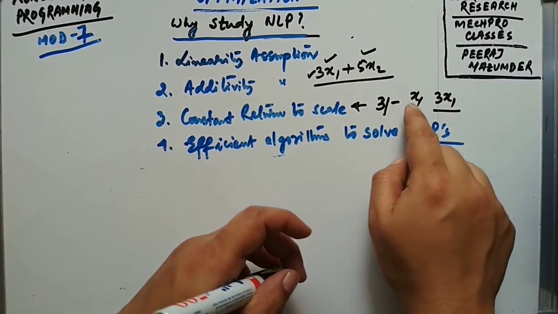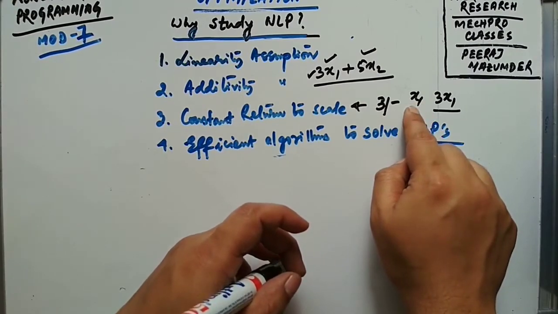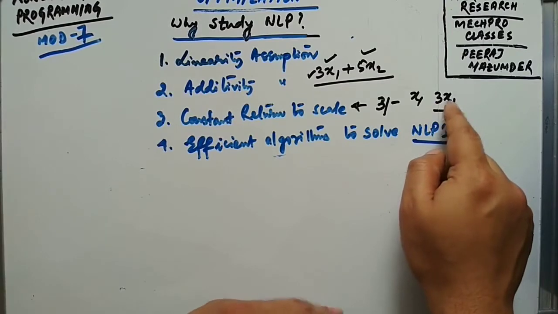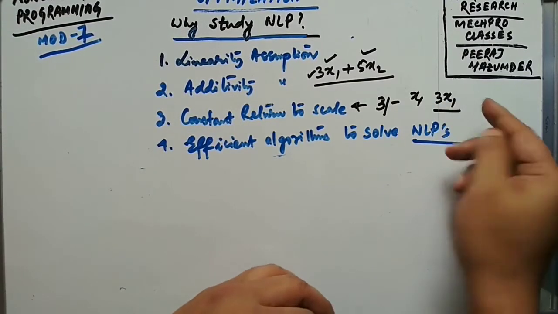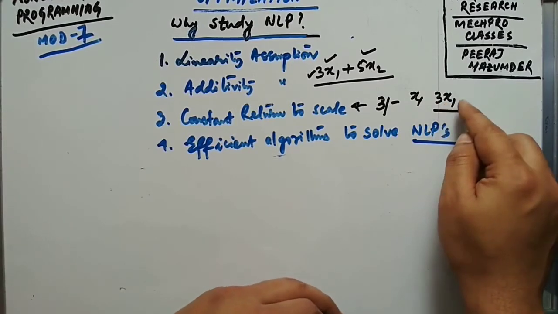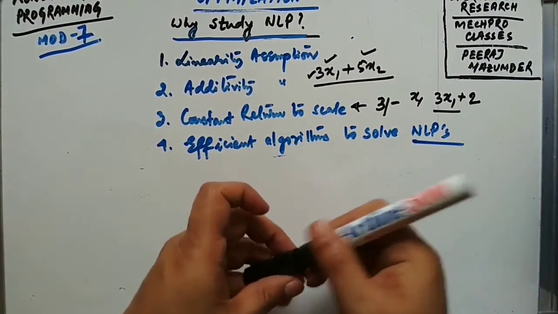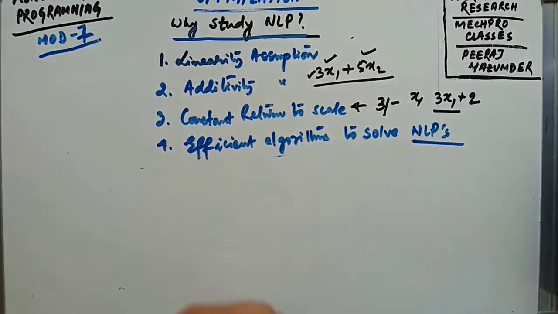If you have 3 rupees of profit and you manufacture x1 quantity of product, you cannot simply multiply 3 into x1. It may be in a different form, larger than 3x1. It can also be like 3x1 plus 2 or 3x1 plus 3. So these are the things.